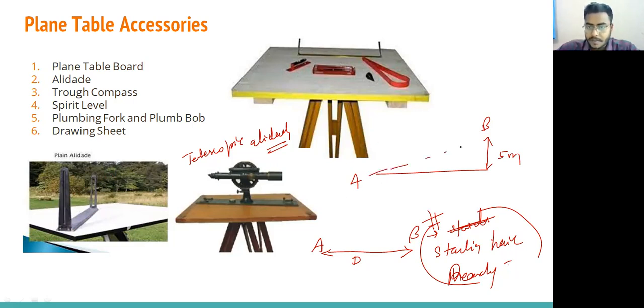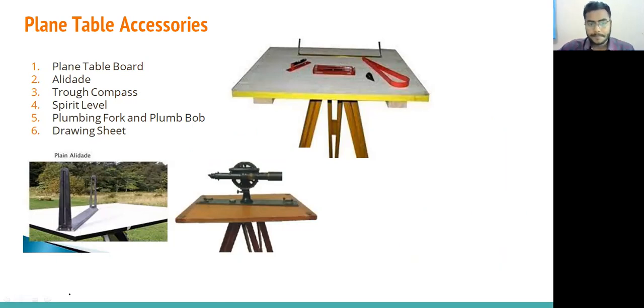Using this telescope we can measure this angle once we sight B. Once we have the horizontal distance between A and B, by using the trigonometric relation we can also calculate this height. So there are two more advantages if we are using the telescopic alidade.